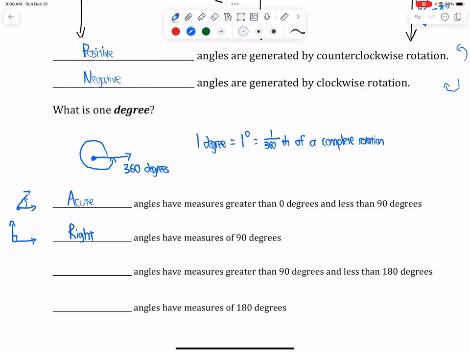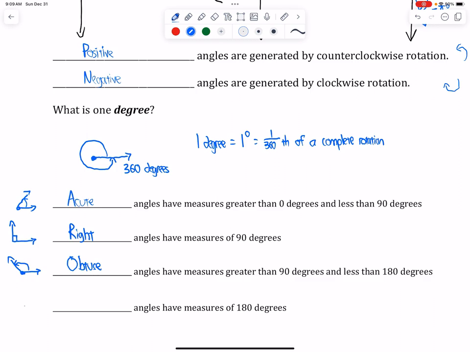Now, angles with measures bigger than 90 degrees and less than 180 degrees are what we refer to as obtuse angles. So maybe starting over here and ending up over there, something bigger than a 90-degree angle.